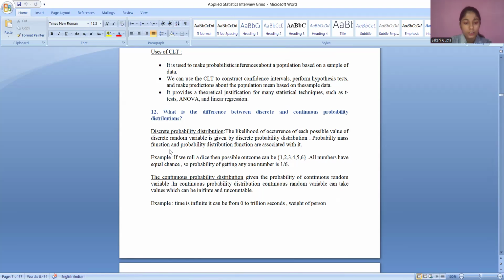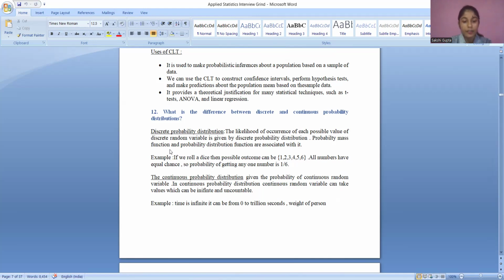Now, the continuous probability distribution. A continuous random variable can take any value within a range. That means the outcomes are uncountable or infinite. For example, the height of a student in a class, the time it takes to complete a task.